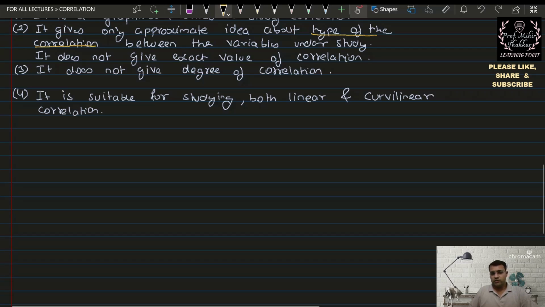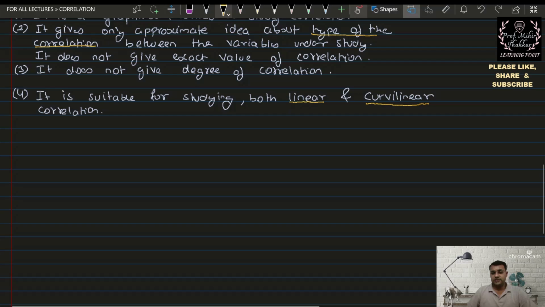When we talk about linear correlation, it means that the data lie near about a straight line. Whereas with a curvilinear correlation, it may happen that the points are not in a straight line, but have a curved kind of formation.